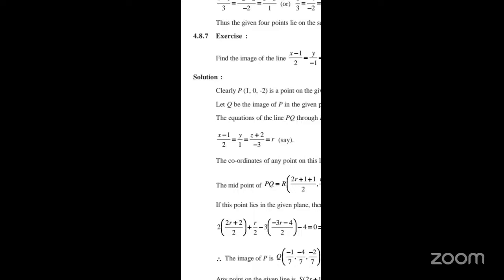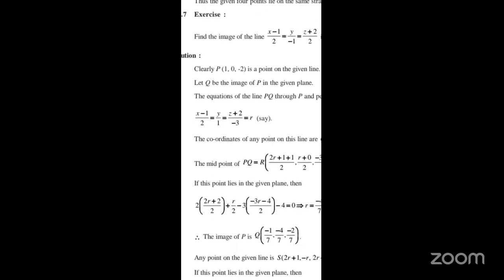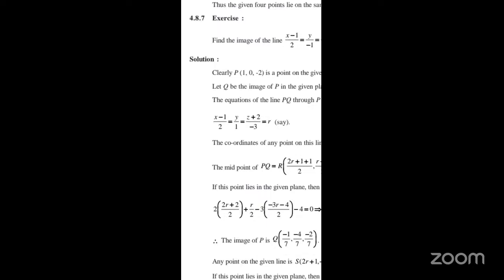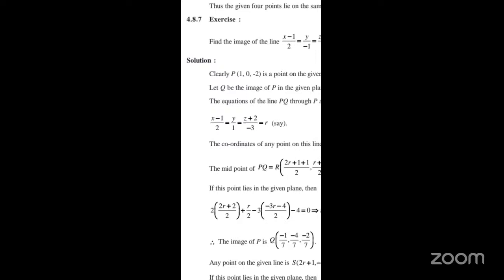4.8.7, this is one of the most important problems in the final examination. Please note it down. Tomorrow we will discuss this problem; there is some little disturbance from the network side, so kindly excuse me. If you have any doubt about the symmetric and non-symmetric part, 4.8.7 is also very important.